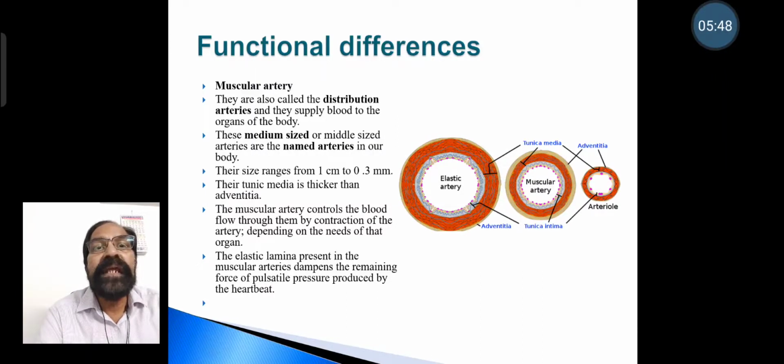Their tunica media is thicker than the adventitia. The muscular artery controls blood flow through them by contraction of the artery, depending on the needs of the organ. The elastic lamina present in the muscular arteries dampen the remaining force of the pulsatile pressure produced by the heart.